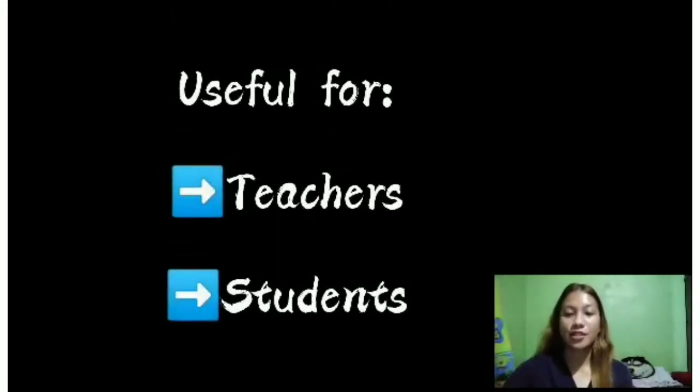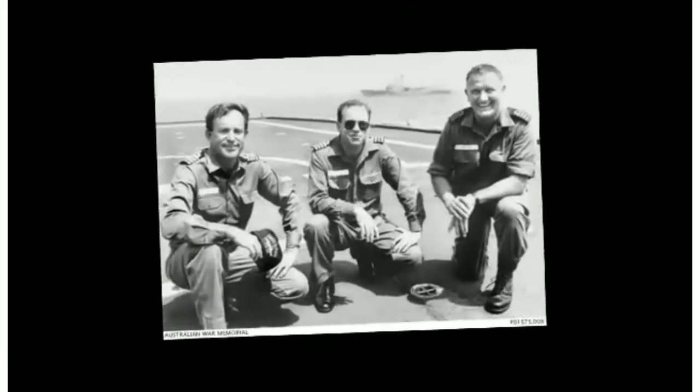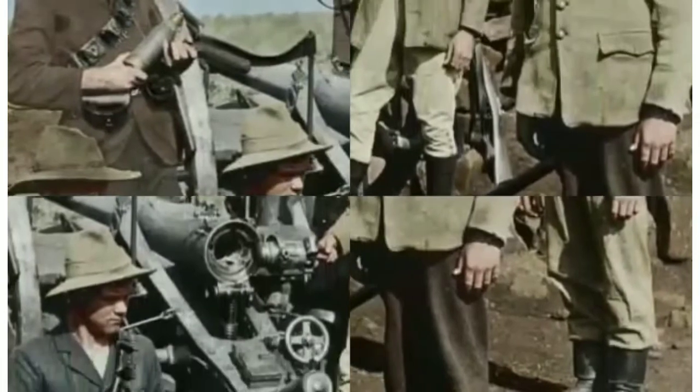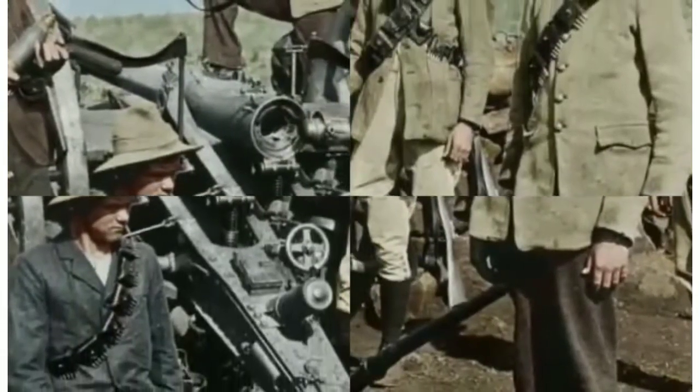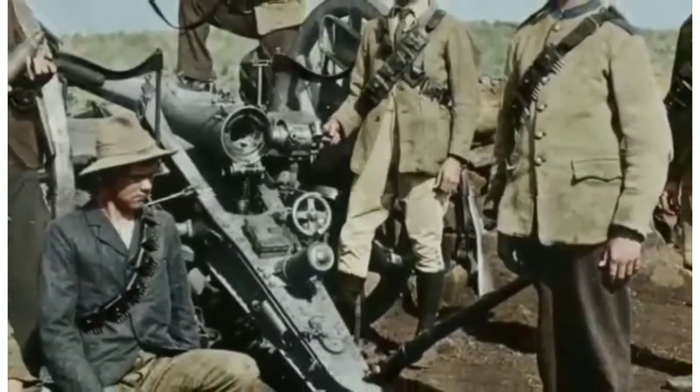In general, there are three approaches to research that are useful for the teachers and the students. First is research based on finding, interpreting, and using information that has been produced by someone else. For example, a research that located historical accounts of the Boer War and compared them would be a research that used existing information even though that information might be reinterpreted to provide a new perspective.